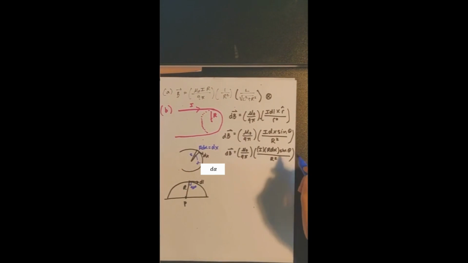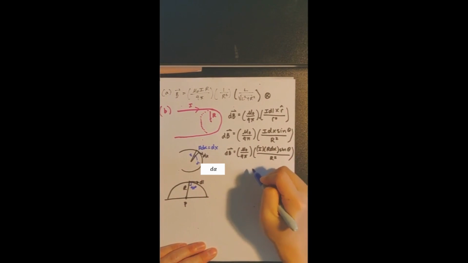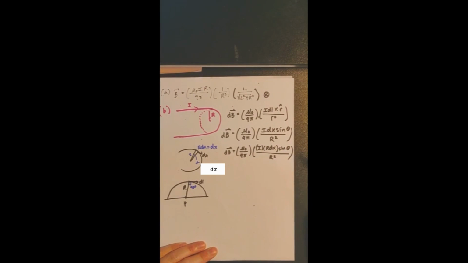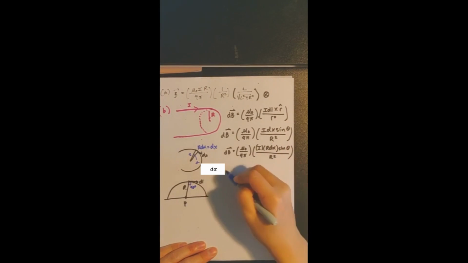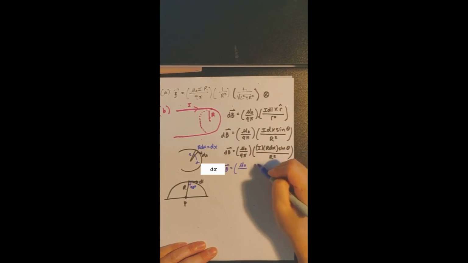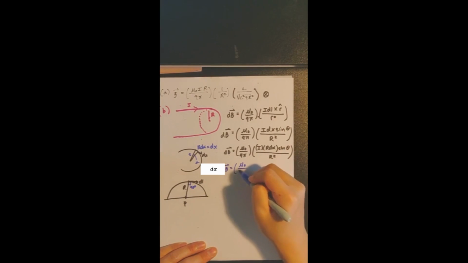So in this case, our theta is just going to be 90, and sine 90 is just going to be 1. That means if you know sine 90 is equal to 1, we can just take that out and put 1 in there.